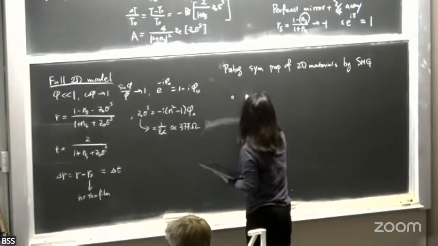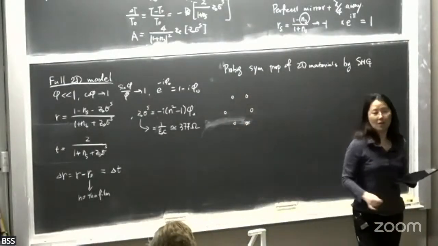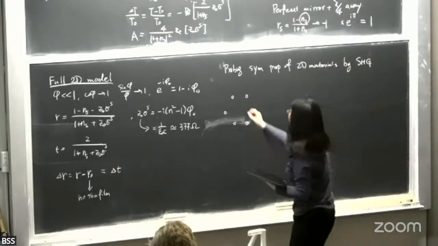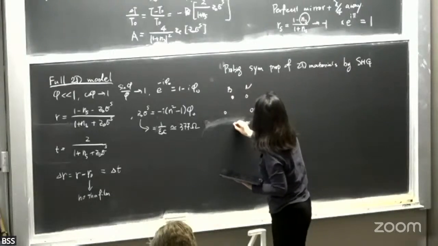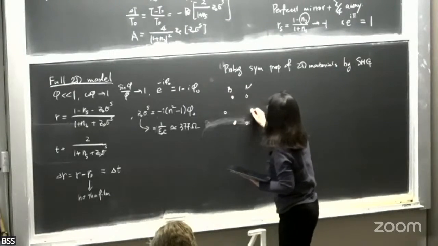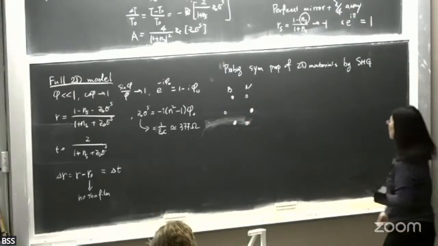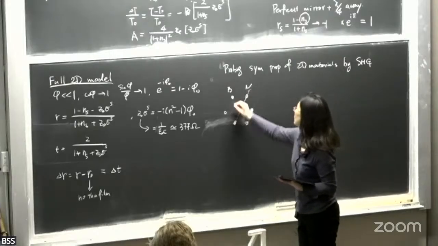So for honeycomb, if it's graphene, it's centrosymmetric, so this is zero. But if it's boron nitride, it breaks center inversion. You have a mirror plane, for example, here or there.